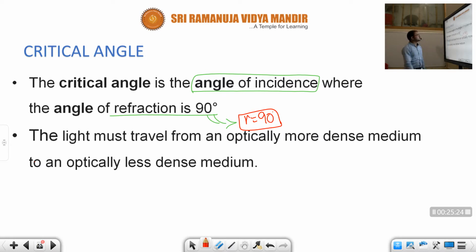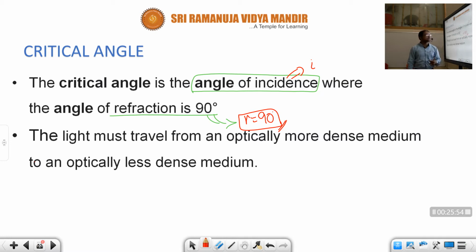It is the angle of incidence for which the angle of refraction will be 90 degrees. That particular angle of incidence is nothing but the critical angle.